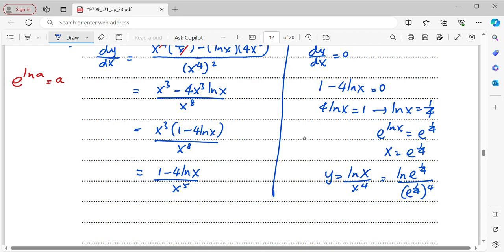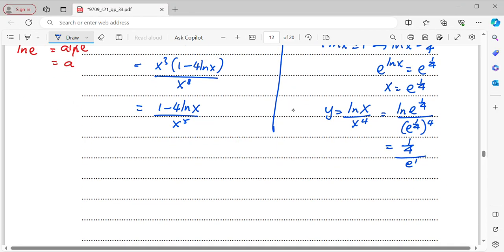Okay, now ln e to the power a, I have a formula: it is a ln e. Then ln e is 1, and last it will be a. So which means I will be getting 1 over 4 for my numerator, and divided by this 1 over 4 and the 4, when you simplify, it will be just e to the power 1.